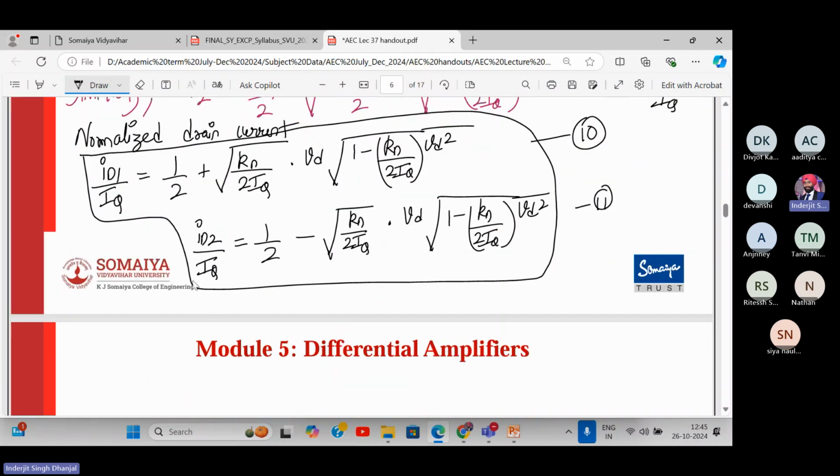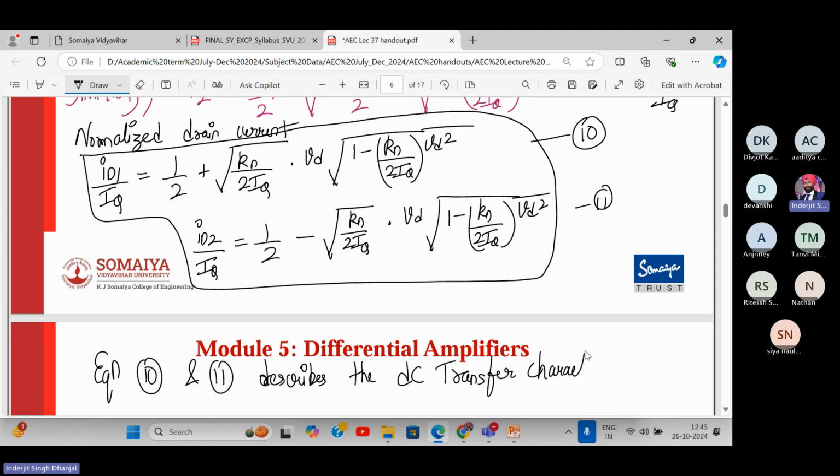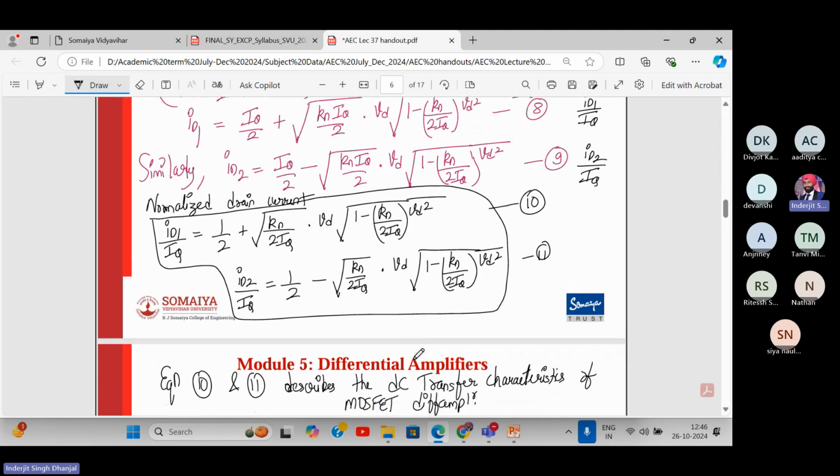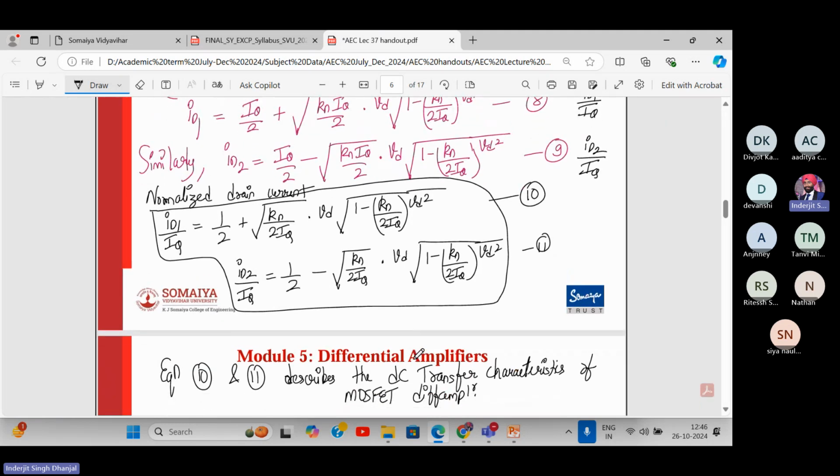These equations, number 10 and 11, describe the DC transfer characteristics of the MOSFET differential amplifier. Okay, so please complete this derivation. I'll just come back in 2-3 minutes. Yeah, I'll be right back.